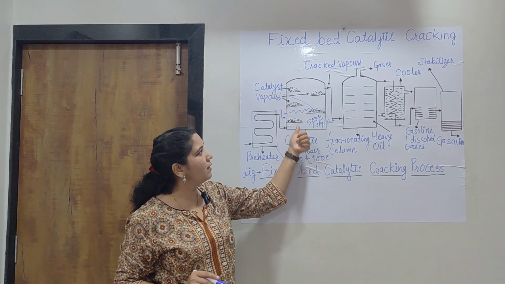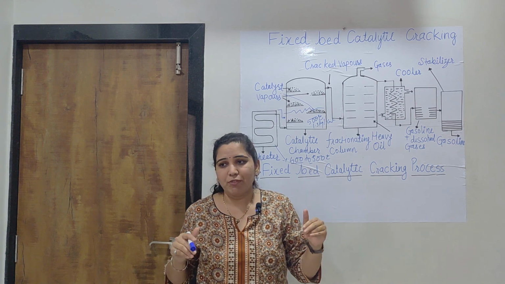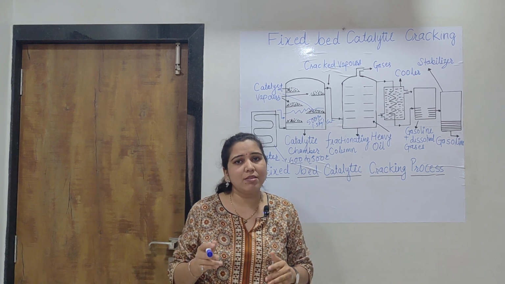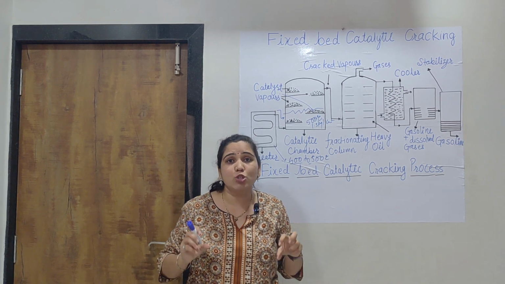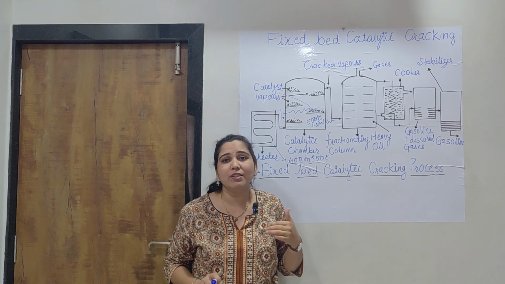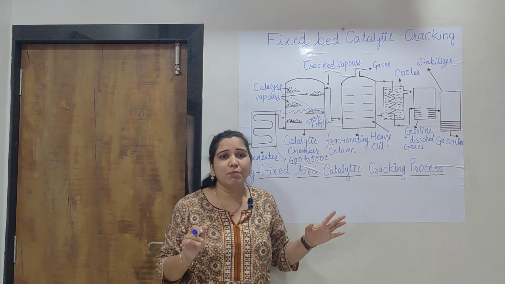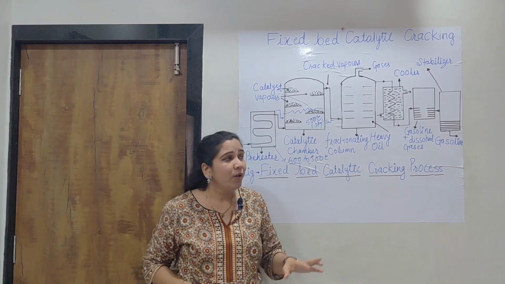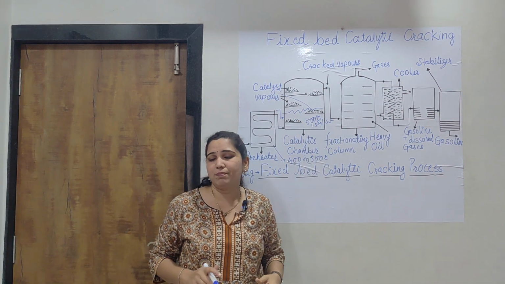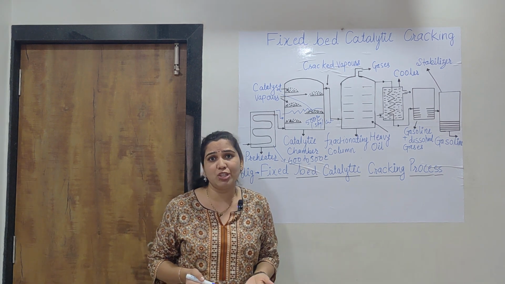Here you can see that the catalyst, after some time of use, gets totally exhausted, as all the carbon residue occupies the catalyst. In that case, after some time the process is to be stopped, and this catalyst is to be replaced by a fresh catalyst.